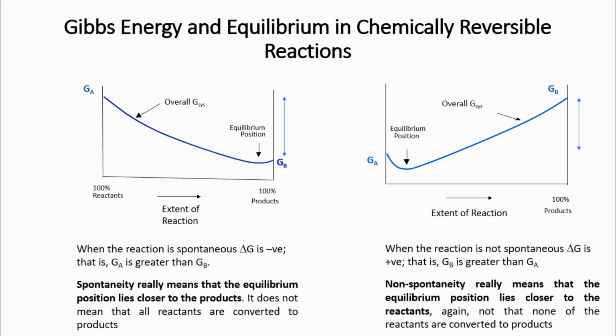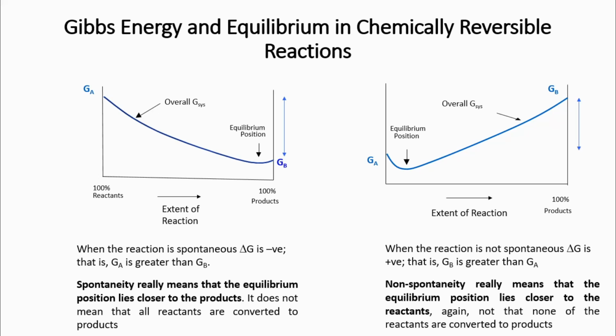This is a non-spontaneous situation, because we know that a free energy change for a process being positive indicates that the process is non-spontaneous. Again, this does not tell us that none of the reacting species have been converted.